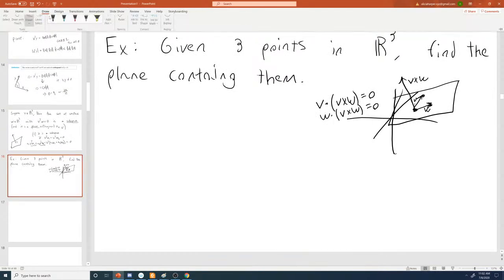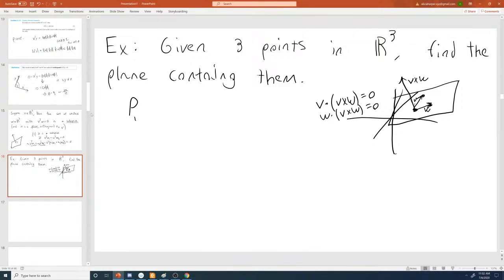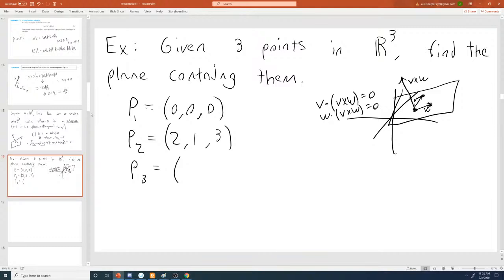So let's make my example concrete and choose 3 points. So say we choose the point P1 to be simply 0, 0, 0. We choose the point P2 to be 2, 1, 3. And then we choose the point P3 to be, how about, 1, negative 1, 0.